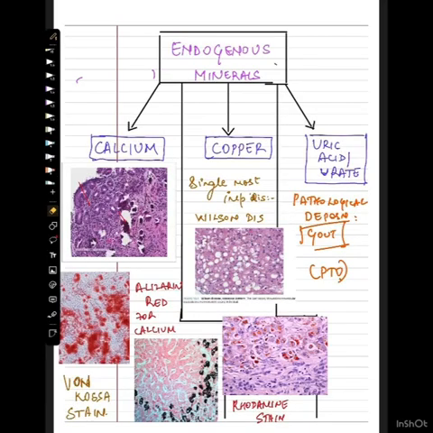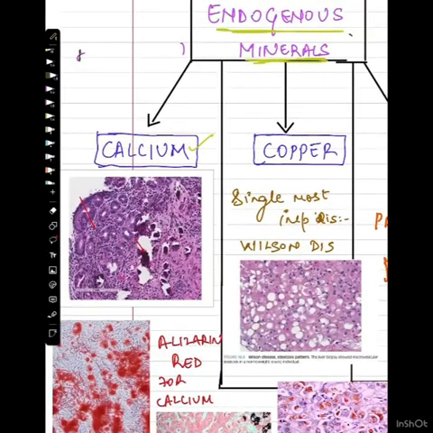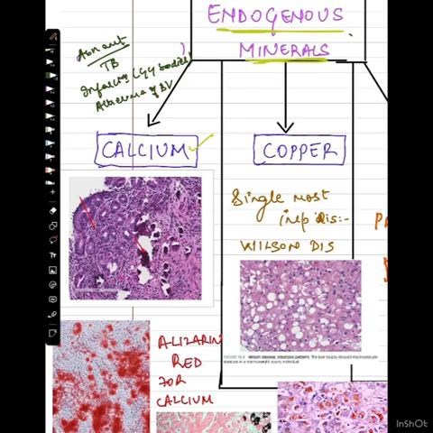We now discuss the third and last component of endogenous pigments, which are also called endogenous minerals. The first very important mineral that we'll discuss is calcium. Calcium is usually found in untraceable amounts in the body, but it is found in abnormal amounts in certain conditions like TB, infarction, where they are also called Gamna-Gandy bodies, and they are also found in atheroma of blood vessels, and in malakoplakia of the bladder.